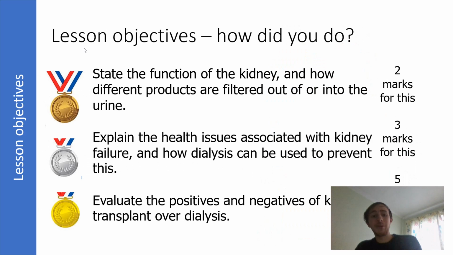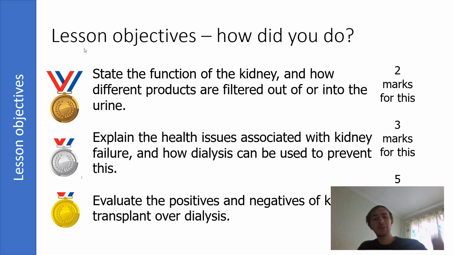Now, we're going to stop there just very briefly and talk about the lesson objectives. I usually do marks. Obviously, you're not here with me, so I can't see marks. But broadly, we're going to talk about stating the function of the kidney and how different products are filtered into or out of the urine. We'll explain the health issues associated with kidney failure and how you can use dialysis to prevent this. I'm going to evaluate the positives and negatives of kidney transplant over dialysis.